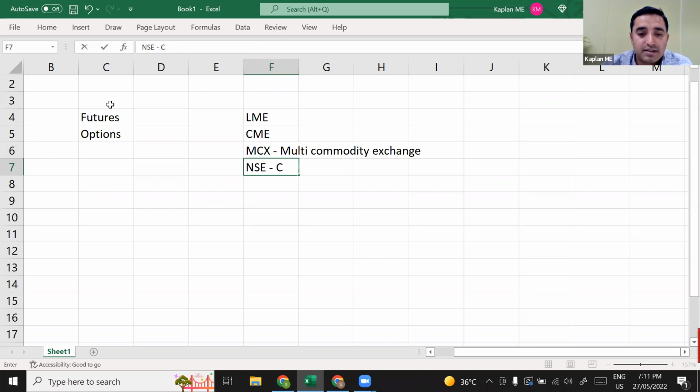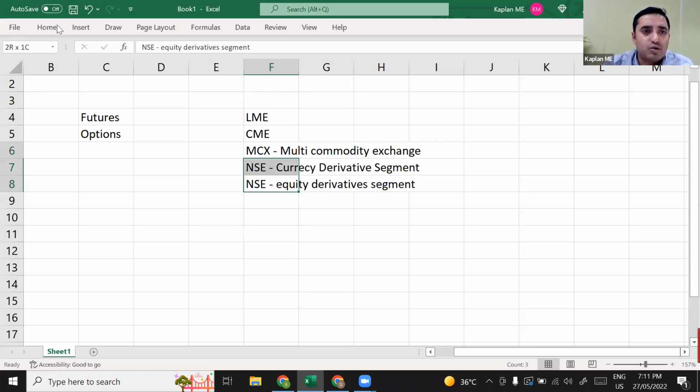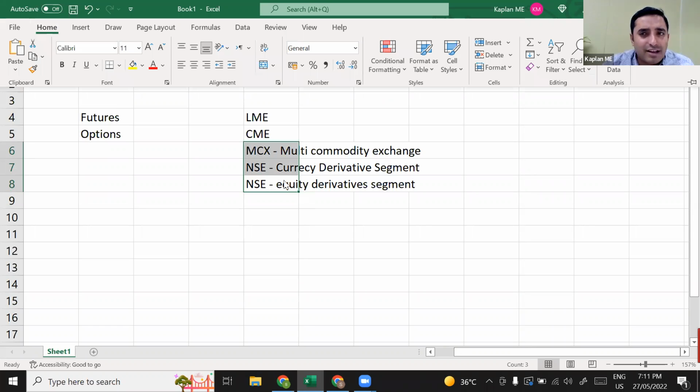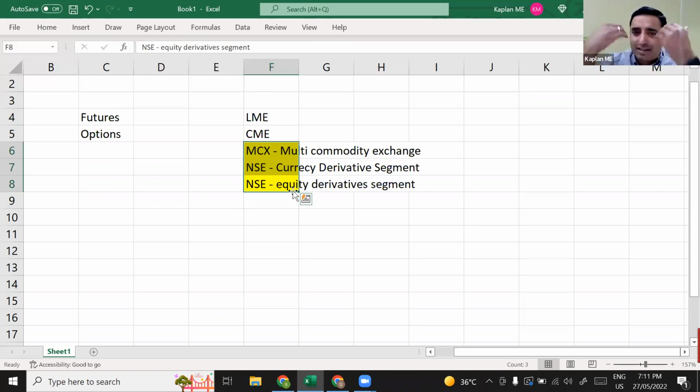the CDS, that is the currency derivative segment, and the NSE equity derivatives segment. These are a few markets I'll try to show you. Again, in case you are not from Indian markets, it doesn't matter.